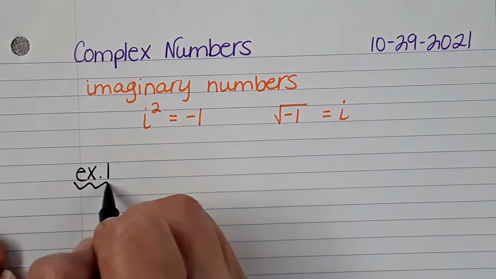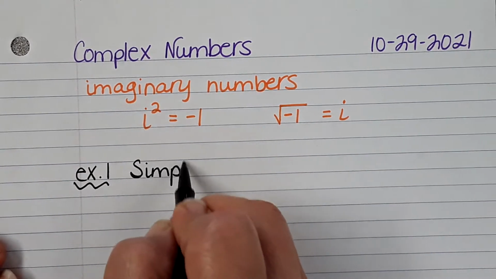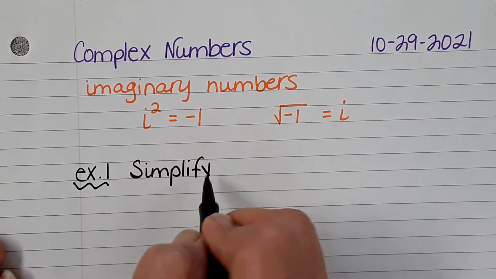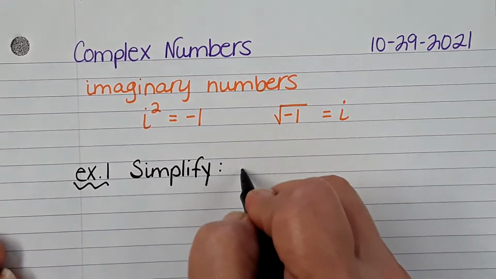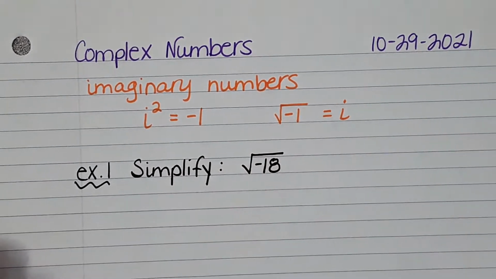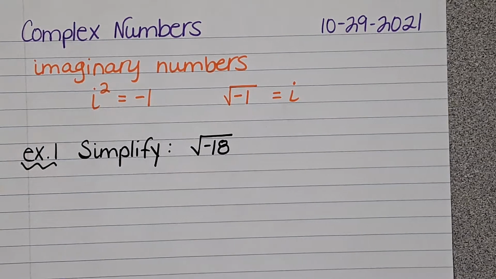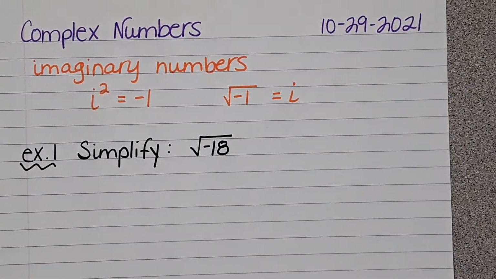So example 1. It's going to take us back to kind of what we were doing the last 2 days, where we were simplifying the radicals. We're going to use the same process, except now we're going to have a negative in them.